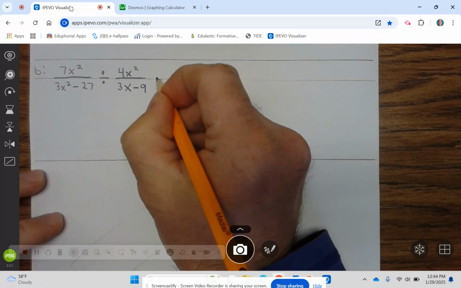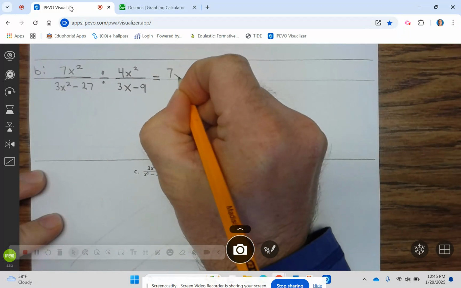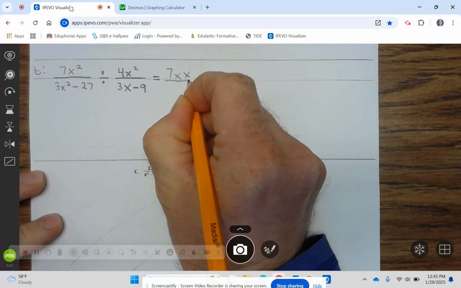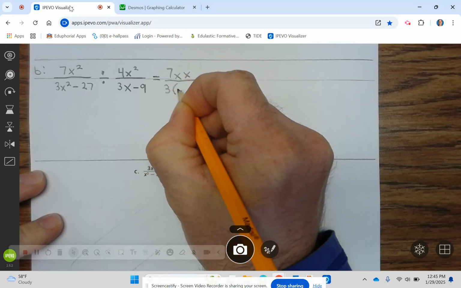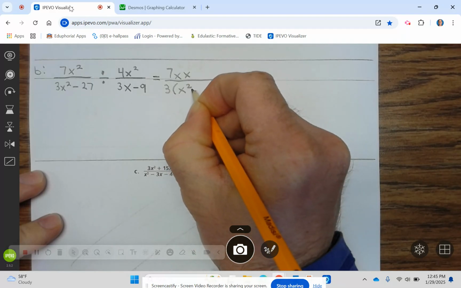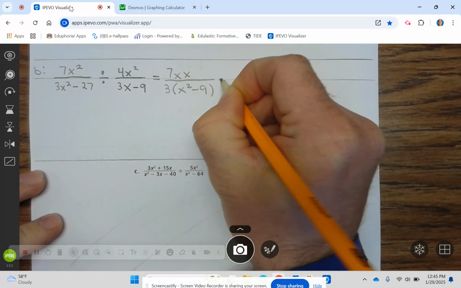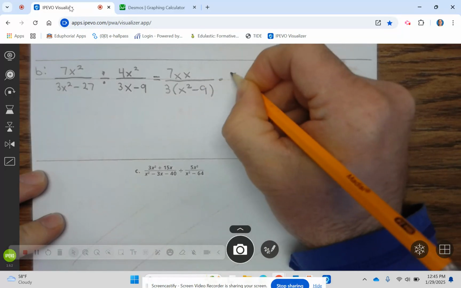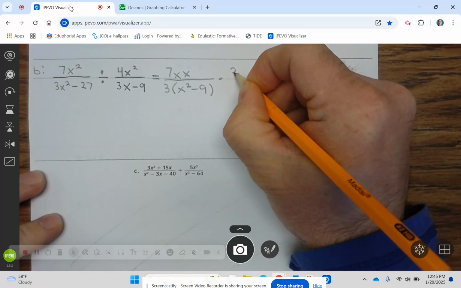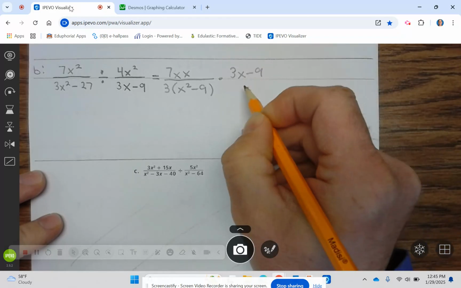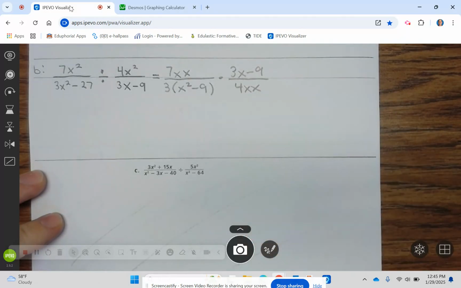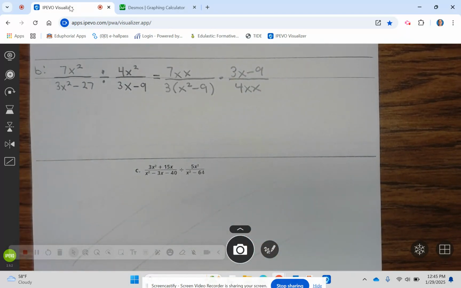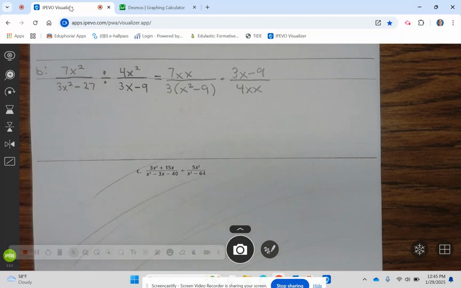So when you divide, you flip and multiply. So this becomes 7xx divided by, we can factor out a 3, becomes x squared minus 9 times 3x minus 9 divided by 4xx. Now, we can go ahead and mark out C. I'm going to go ahead and write out so I have space to work if I need it.